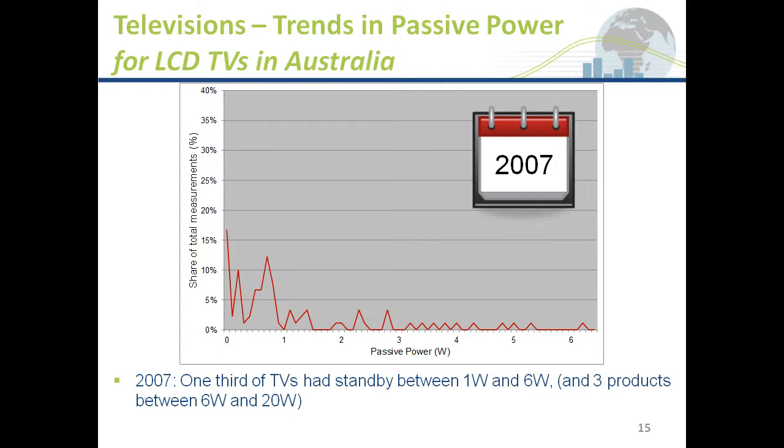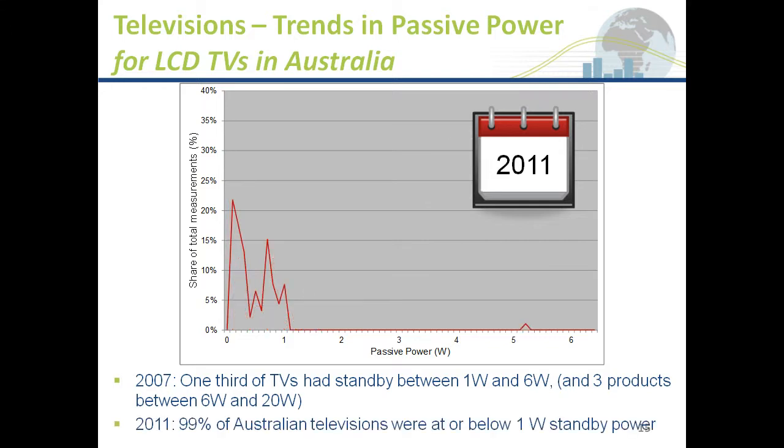In fact, about a third of the televisions in this data set from 2007 had a standby between 1 watt and 6 watt, and in fact the highest was up at around 20 watts. But as we move forward through the years, the proportion that have a lower standby power increases significantly, until in 2011 99% of these televisions were at or below 1 watt.